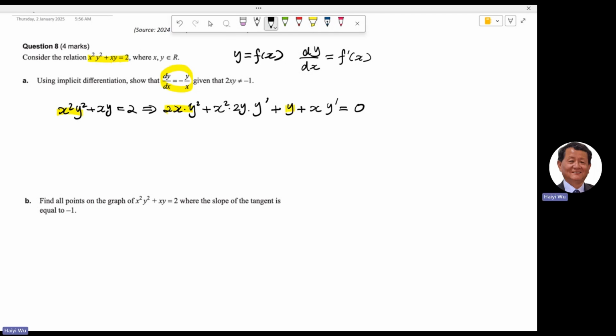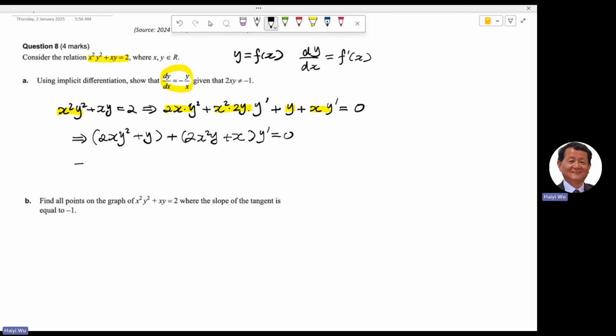So 2x y squared plus y in a bracket, plus x squared times 2, I'm going to put 2x squared y plus x in the bracket, times y dash, equal to 0.